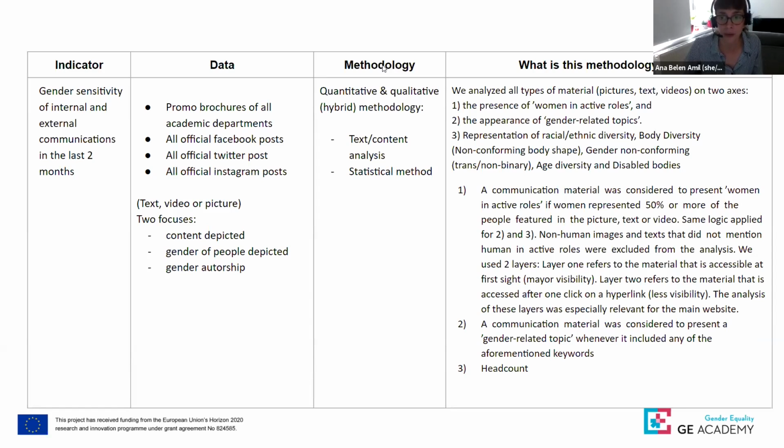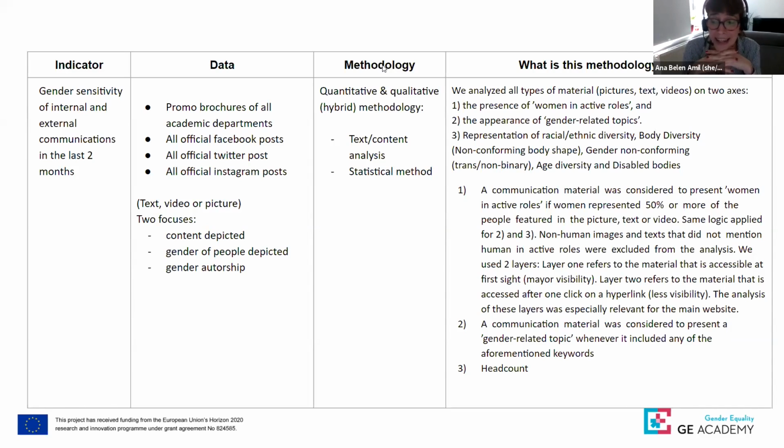The same logic applied to the active participation of men, and to the active participation of diversity in any way. Non-human images and text, of course, were not counted in this methodology, because you cannot do anything about non-human content.